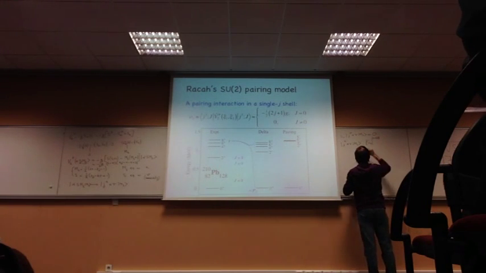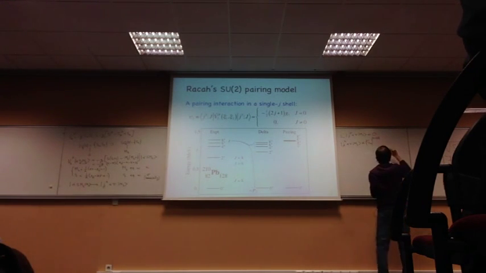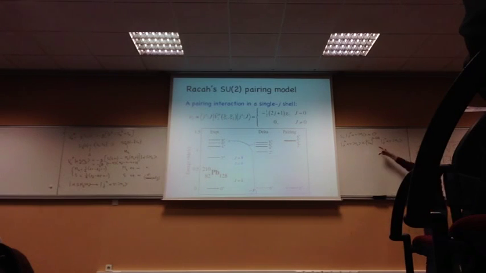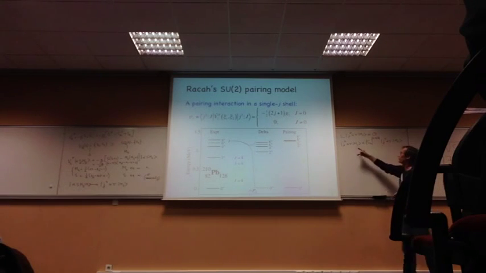This should be proportional to, and I act with it on the state. Here you just add pairs of particles coupled to 0, so you don't change the number of particles which are not in pairs coupled to 0, so the seniority remains the same.